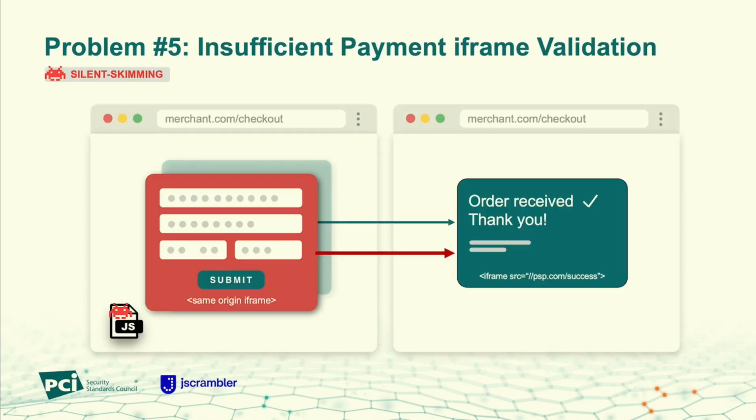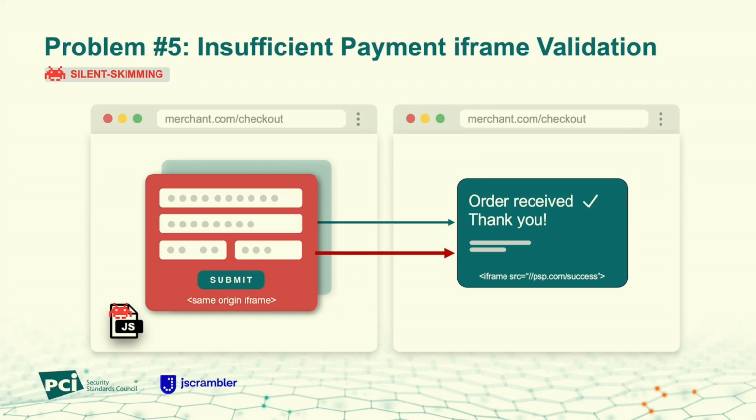So we are down to the last example, and it's around insufficient payment iframe validation. So it is possible to design an attack where you lay out a same-origin iframe on top of the real iframe. And so if it's same origin, the skimmer can collect the data.